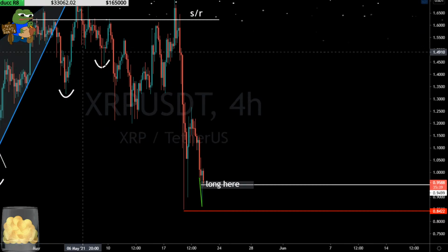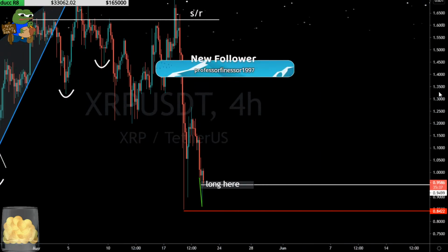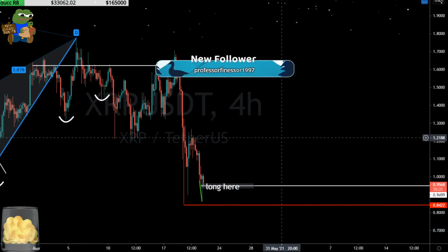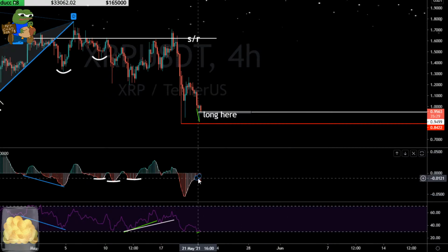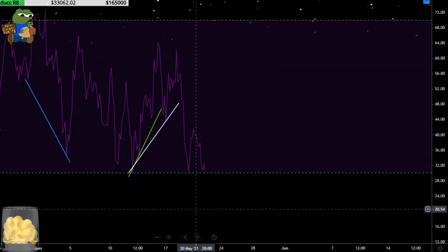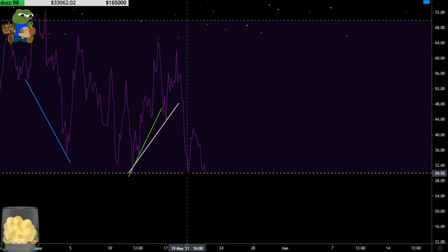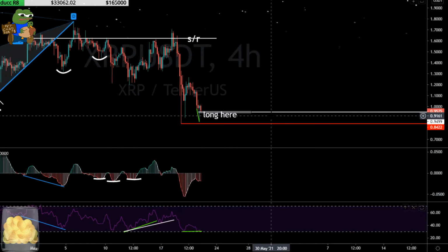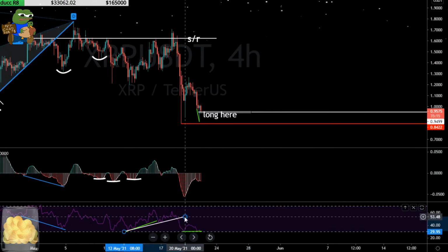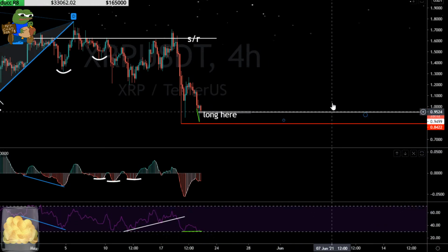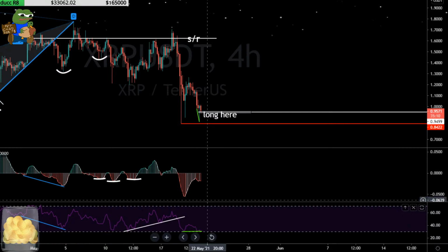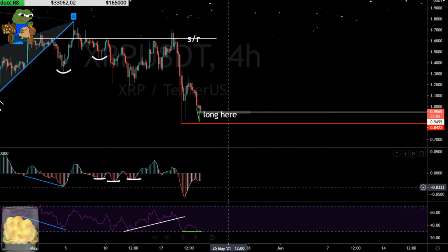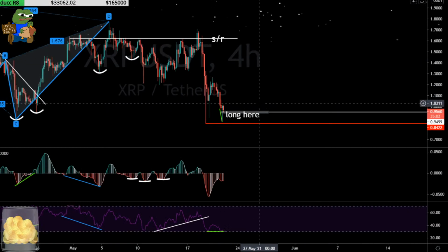So if we go to the 4-hour on XRP, we're not quite there yet. I mean, we're kind of there. It's possible, but Bitcoin isn't quite there. That's even more of the bigger picture, right? I feel like there's not been that final sell-off on Bitcoin's development. So if XRP is going to run here, Bitcoin has to run too. But if Bitcoin sells off again, XRP is just going to get destroyed again, right?